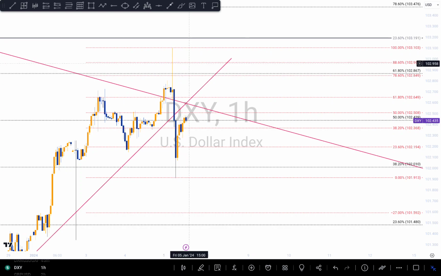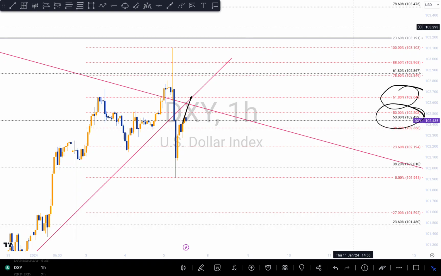We can see we had this impulse right here. I'm expecting some sort of correction to at least retest this trend line right here, then continue to push to the downside, or push a little bit more to the upside to possibly retrace this one.